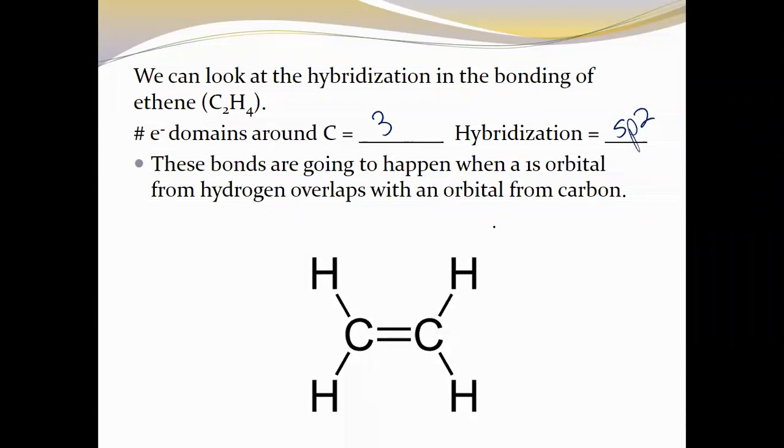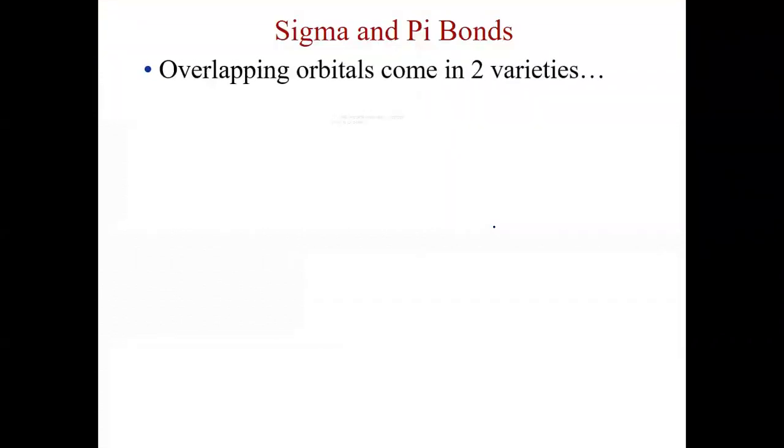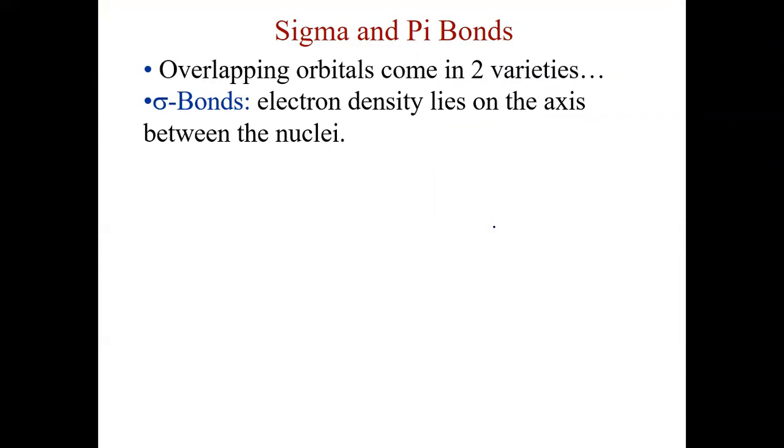This overlapping comes in two varieties. The first variety is sigma bonds. The electron density lies on the axis between the nuclei. Those electrons are lying straight on the axis between the two atoms. So all single bonds are sigma bonds.